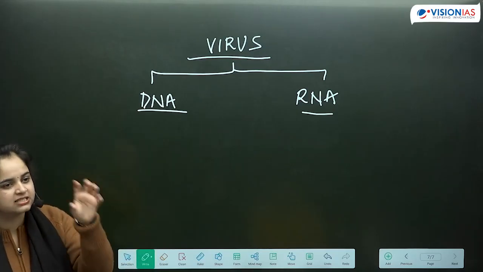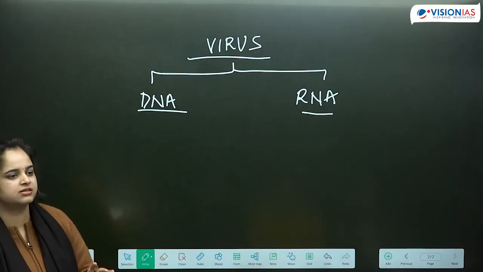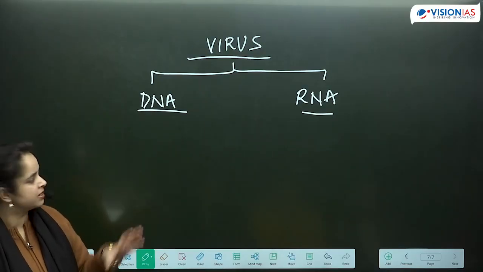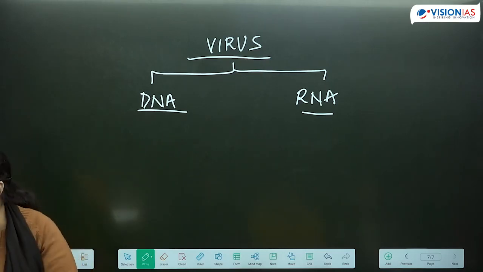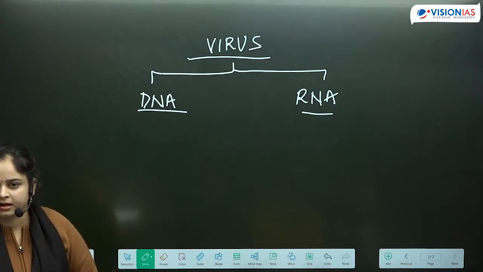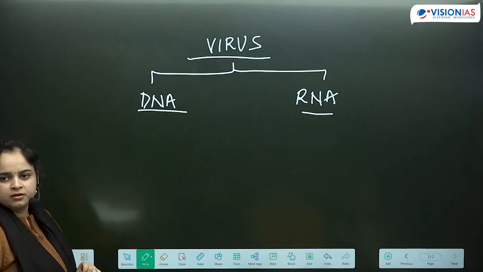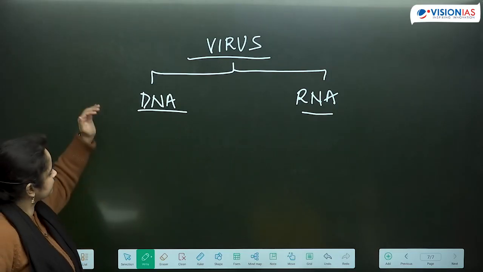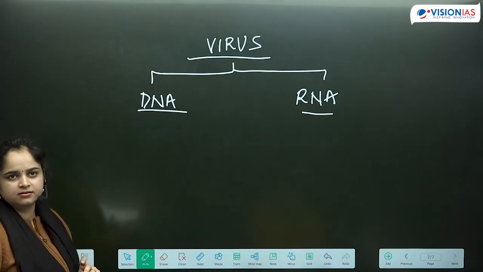Their genes are formed of DNA. But virus is that exceptional organism जिसमें ये RNA भी हो सकता है. Their genetic information can be in the form of RNA. Because of this, we have two types of viruses, DNA virus and RNA virus.